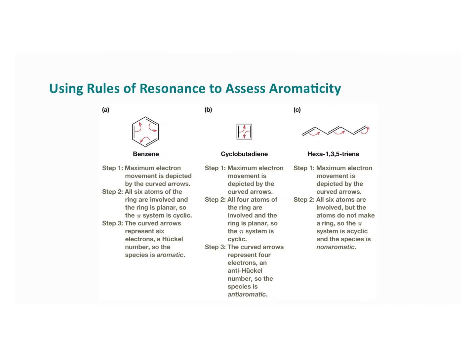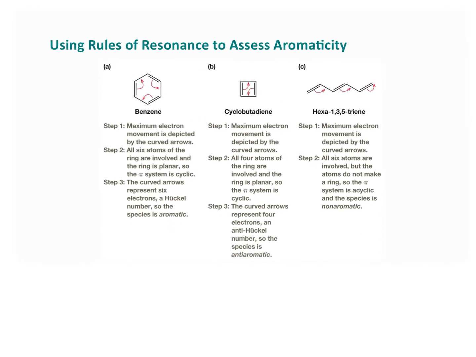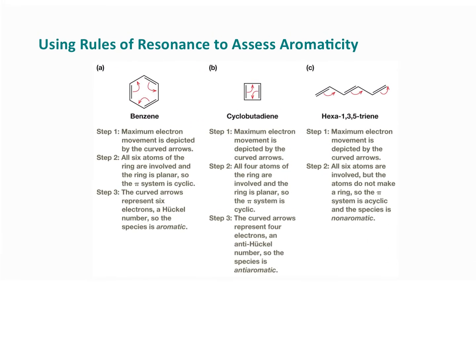So let's use the rules of resonance to assess and look at some examples of aromaticity. You can see how these rules are applied to benzene, cyclobutadiene, and hexa-1,3,5-triene, which we've already established are aromatic, anti-aromatic, and non-aromatic. You can see how the arrows are drawn, right? You can see here that all 6 atoms are involved and the ring's planar, so the pi system is cyclic, and those curved arrows represent 6 electrons, and that's a Huckel number.